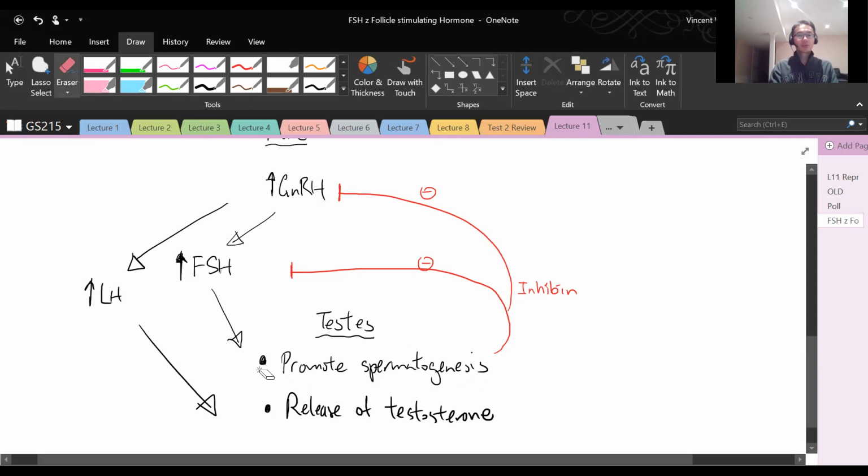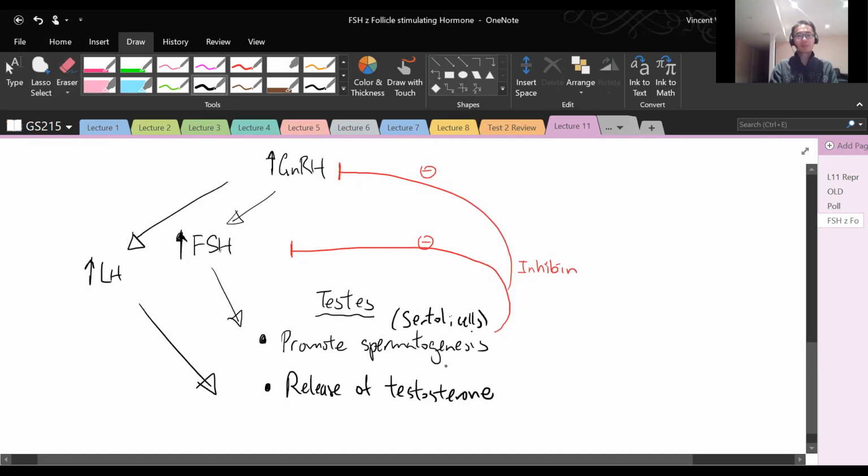Okay, so spermatogenesis is carried out by the Sertoli cells. The release of testosterone is from the Leydig cells, the testosterone producing cells.